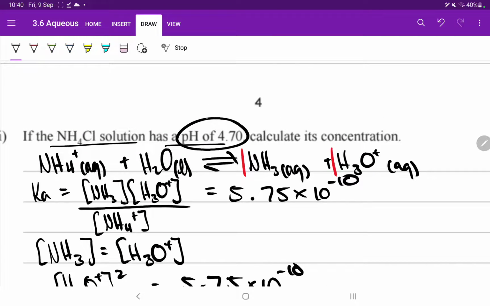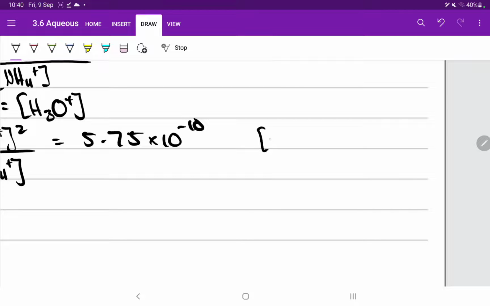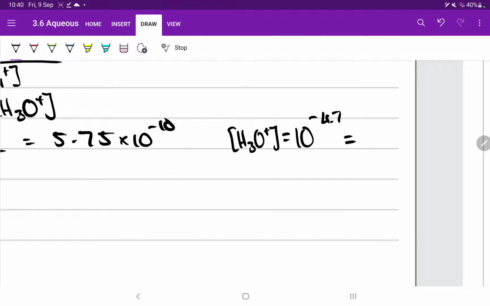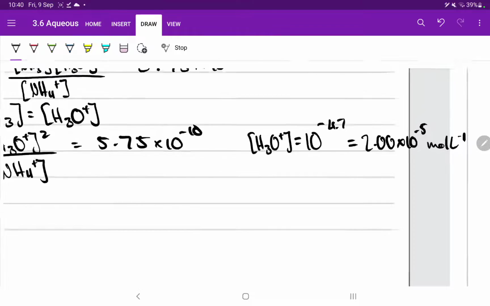And in the question we're given that pH equals 4.7. So on the side, we can write that concentration of hydronium ions equals 10 to the negative 4.7, which, let's put that in the calculator, is about 2.00 times 10 to the negative 5 moles per liter, right?